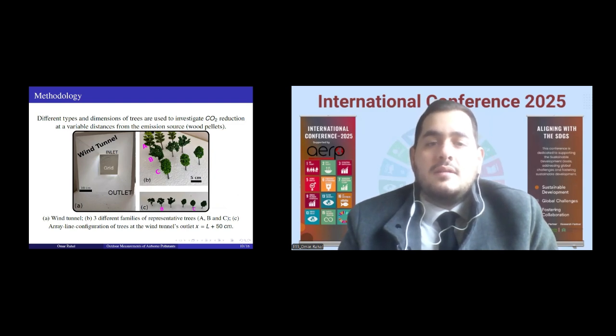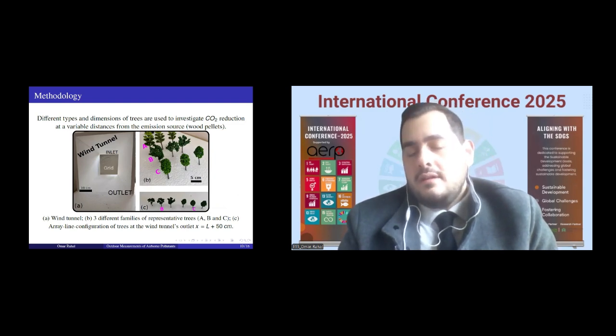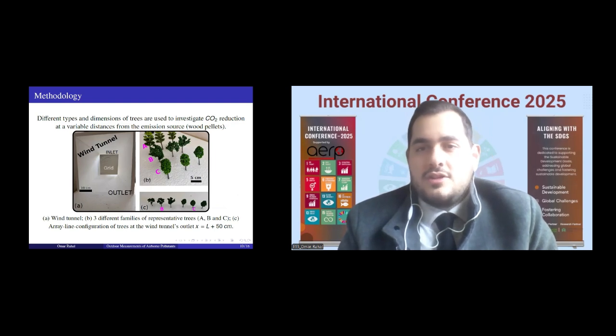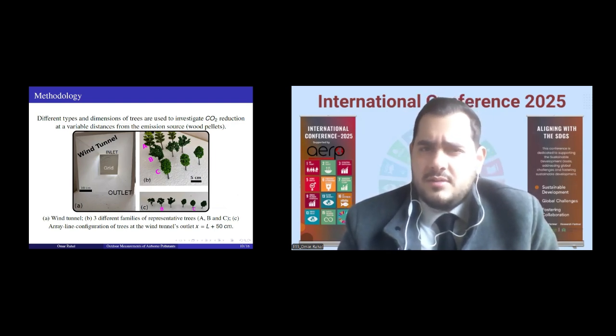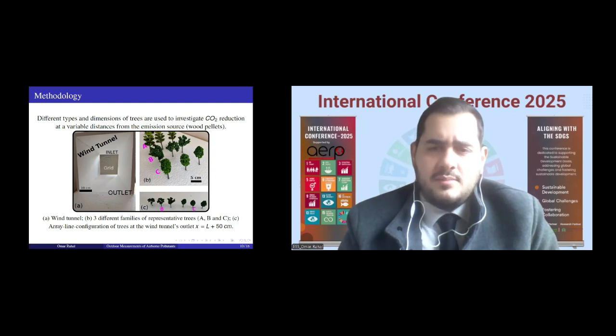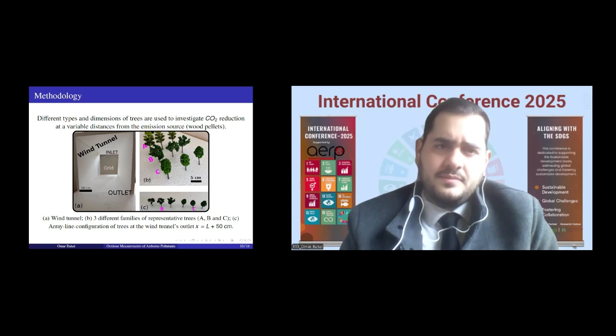And the ones on the right are a different configuration of trees. So here I used three types of trees in many configurations, and I placed them between my smoke source and the smoke sensor to see how they can effectively reduce carbon dioxide emissions.